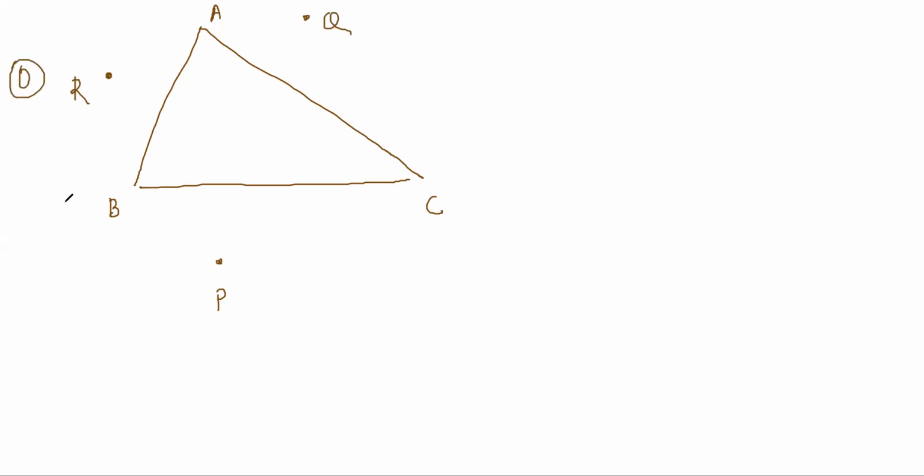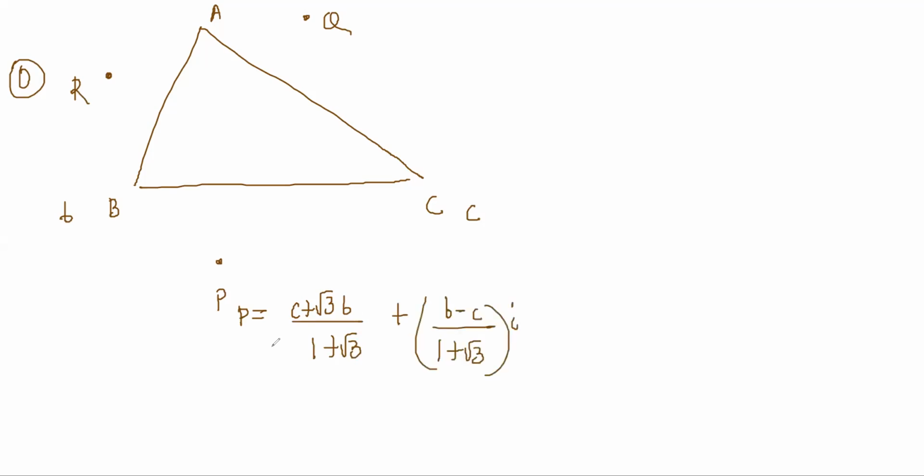A was here, B was here, C was here, P was here, R was here, and Q was here. R was taken as origin, and B was written as B, and C was written as C. Now I find P to be (C plus √3B) by (1 plus √3) plus (B minus C) by (1 plus √3) into i. This is my P coordinate in terms of B and C, right?